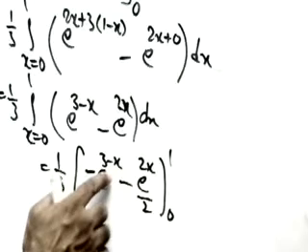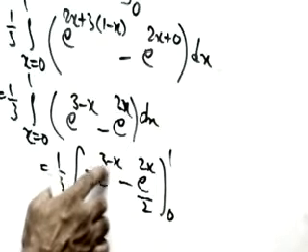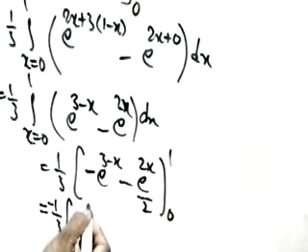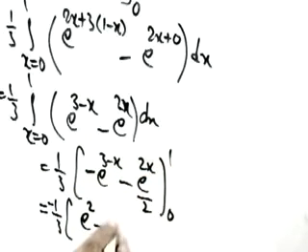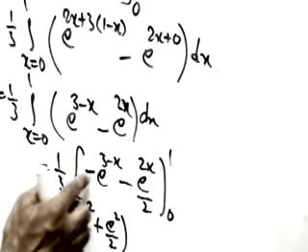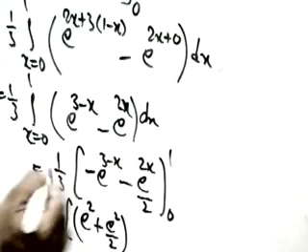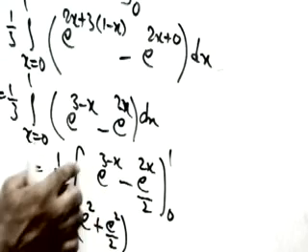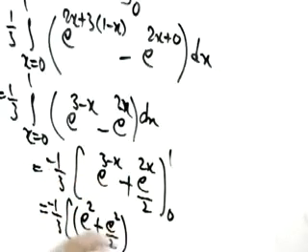Now we have to substitute upper limit minus lower limit. If we substitute upper limit 1, this will become 3 minus 1, 2, e power 2, minus, if you put 1, 2 ones are 2, this will become e square by 2. Plus, because we have taken minus common. If you take minus common, this will become plus.